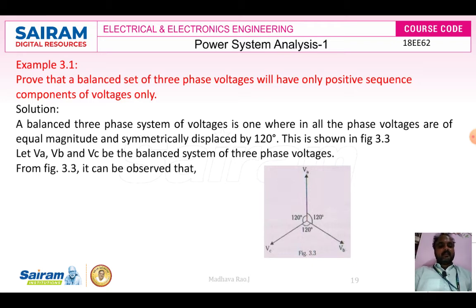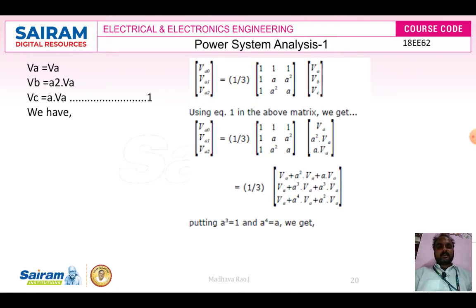So let VA, VB, VC be the balanced system of three phase voltages. Here we can see that the phase difference is 120 degrees. Using this VA, VB, VC, we have to write the positive sequence.